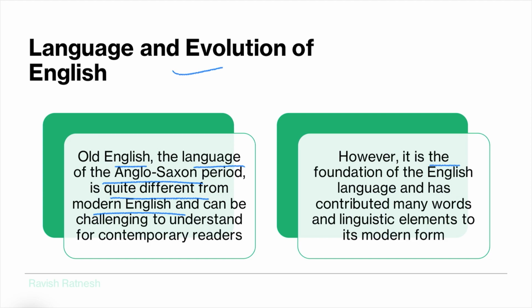However, it is the foundation of the English language, and it has contributed many words and linguistic elements to the modern form. Since it was the beginning of English literature, it had a certain peculiar way of writing, but later on it influenced our modern literature and the language that we know today.